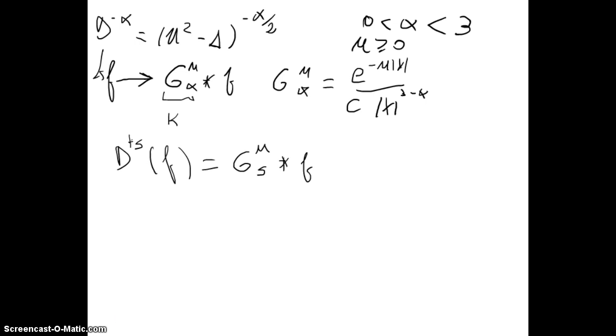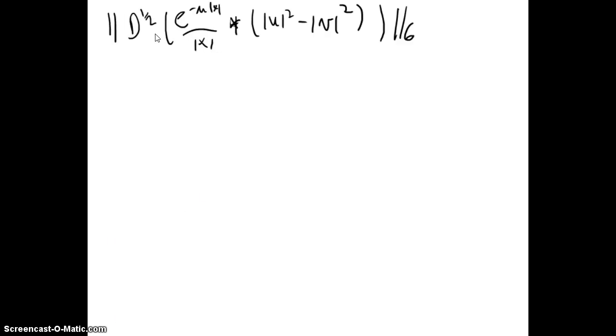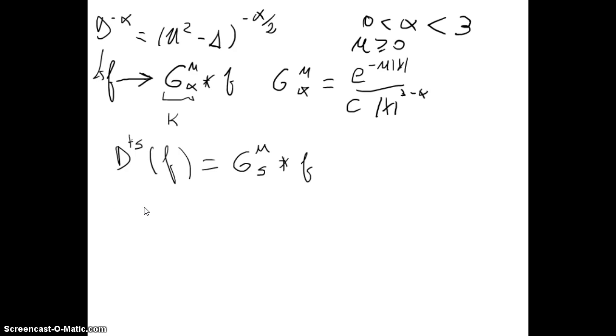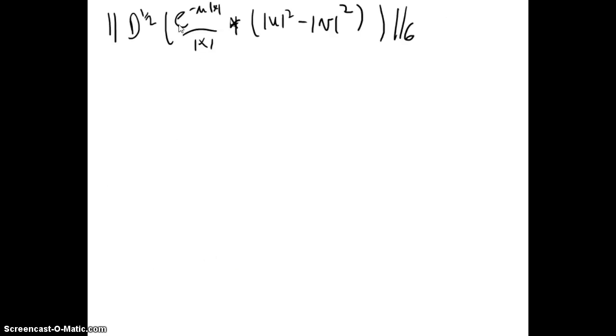This had to be positive. In the case of this term, we have e^(-mu|x|) times the absolute value of x. That means that in this case alpha is equal to 2. So it's like applying D^2. So we have D^(1/2) and D^2 of a function. This could be all f.